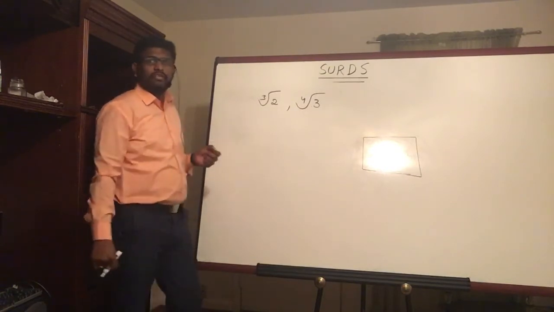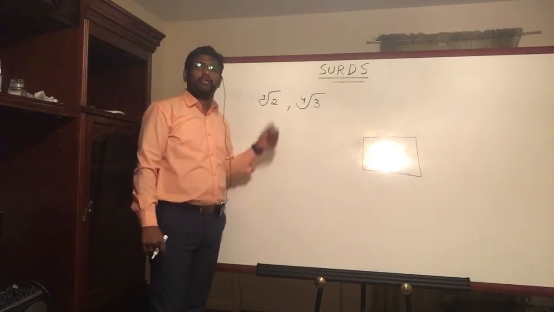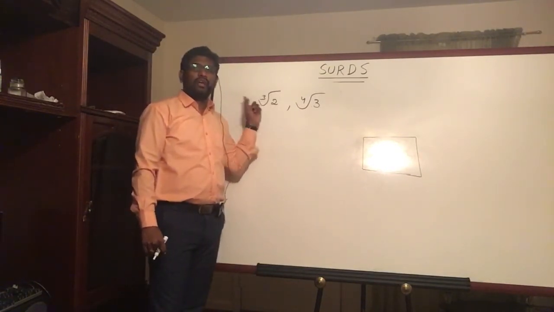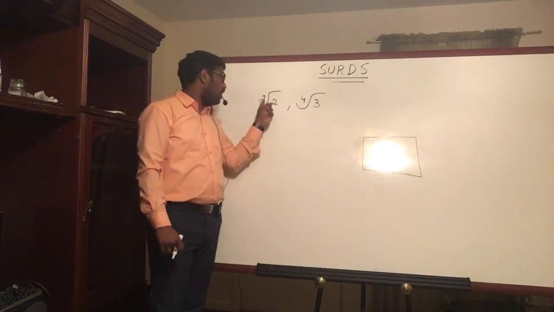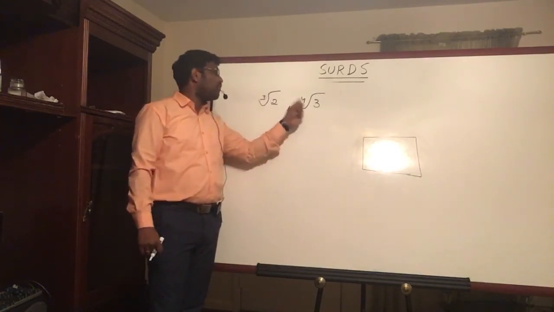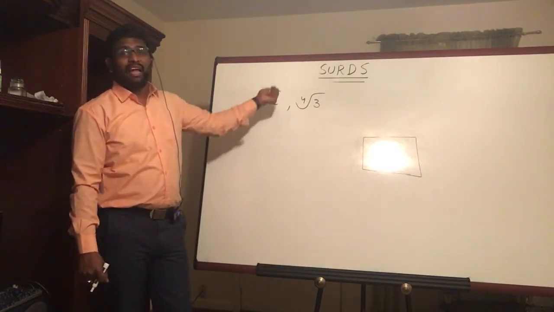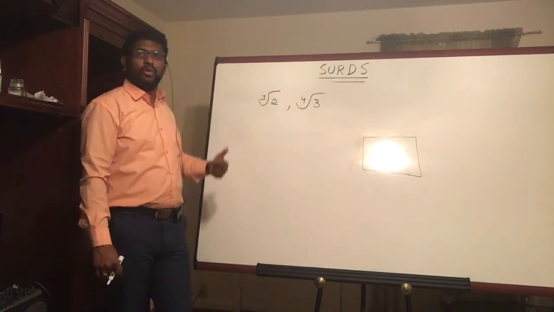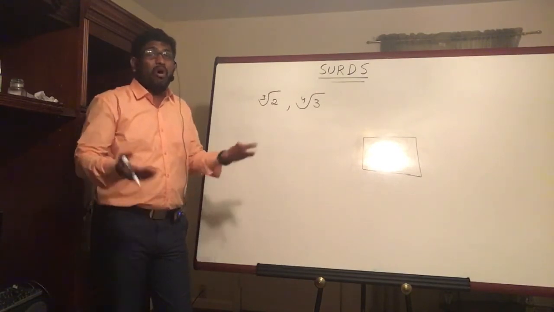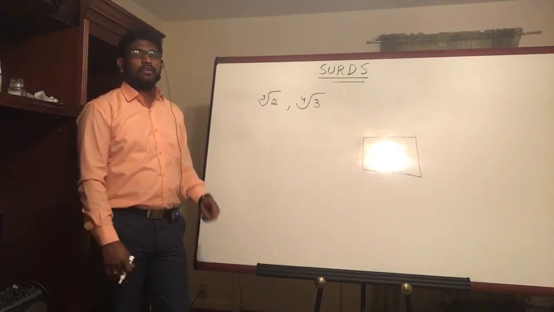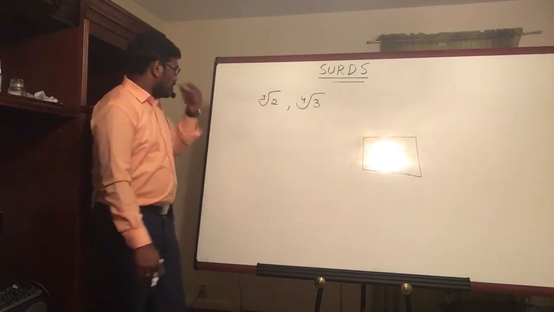These are two different surds. Here if you observe, the radicals are not the same, that is, the orders are not the same. 3 and 4, the orders are different. That means they are non-equiradical surds. Now we need to convert them into equiradical surds, that means make the orders the same.